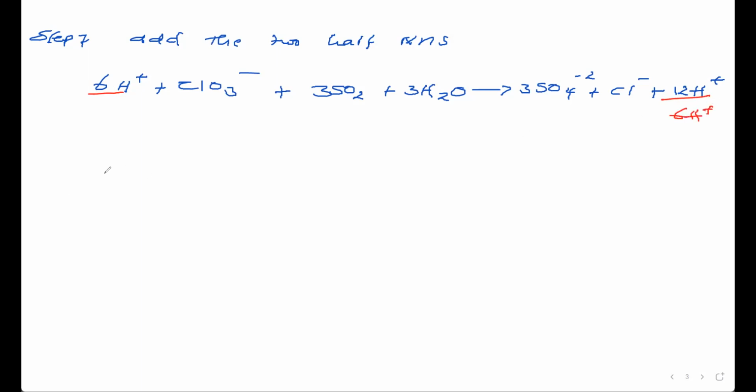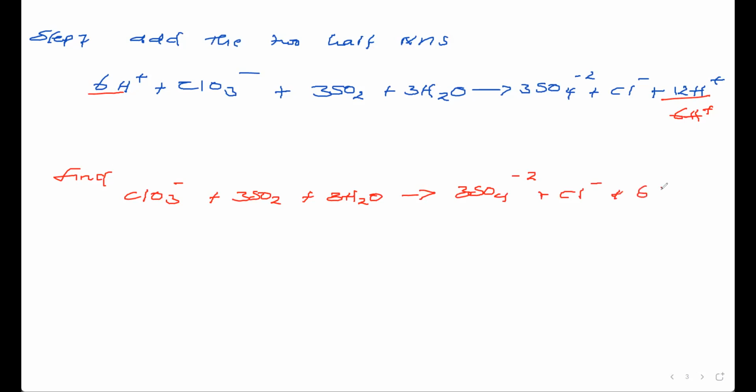So the final now will be just this. So we say final reaction. We're expected to have this plus that, plus this plus 6 electrons.